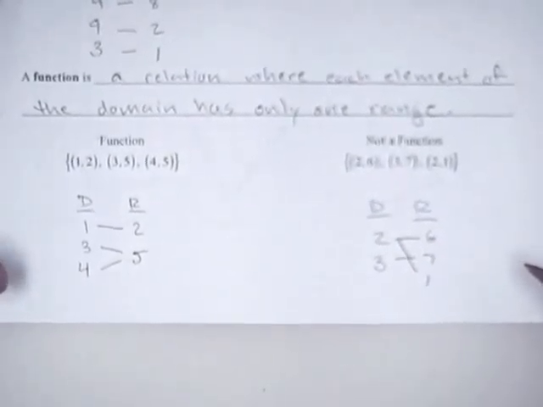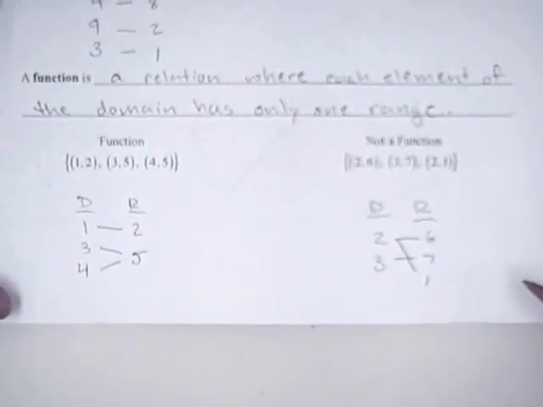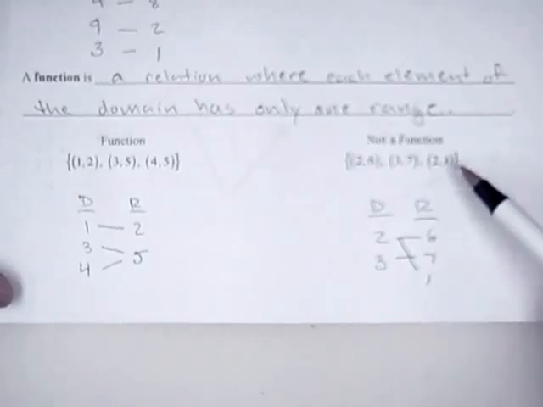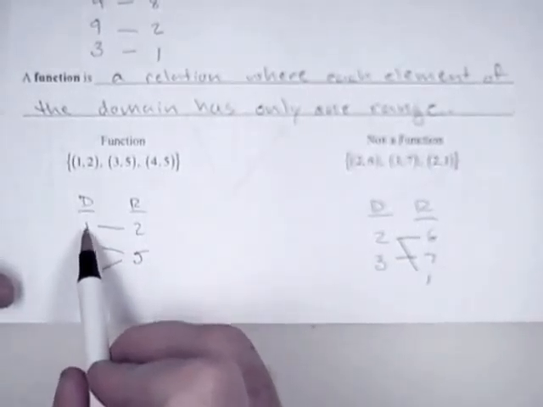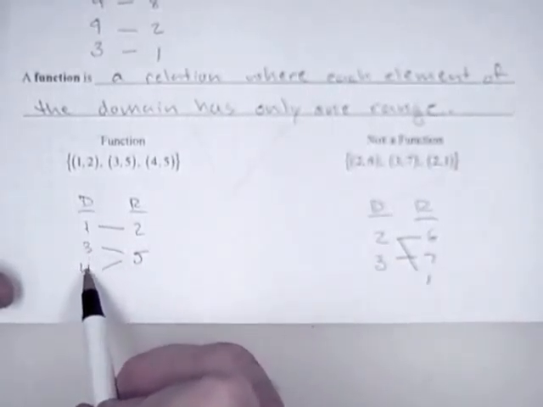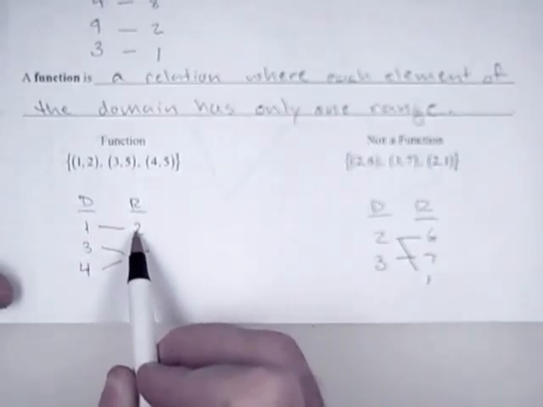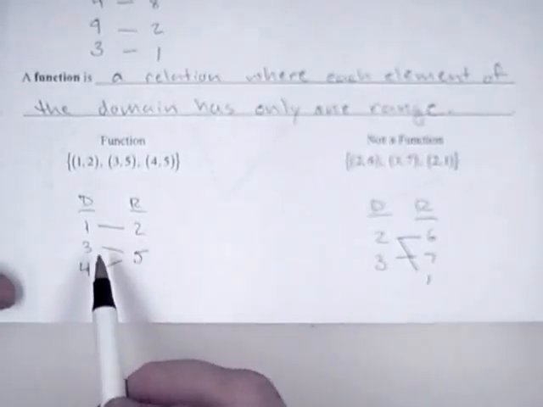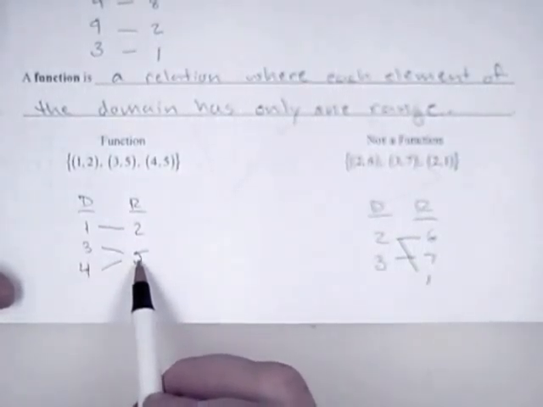Looking at these two, we can see what the fundamental difference is between a function and not a function. In the function, each element of the domain, each number in the domain connects with only one number in the range. This 1 connects with just this 2. The 3 connects with just this 5.